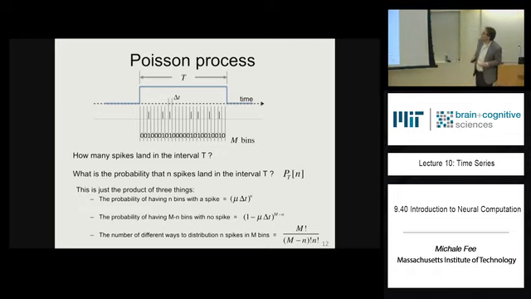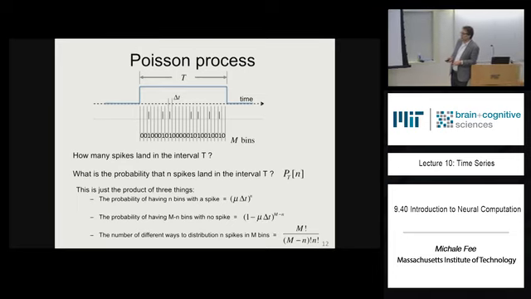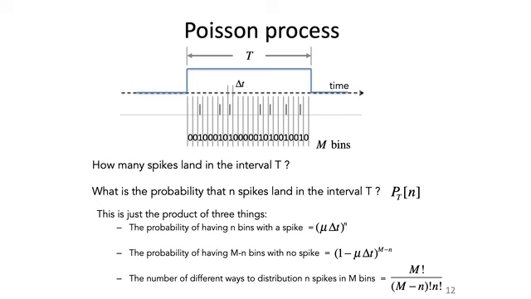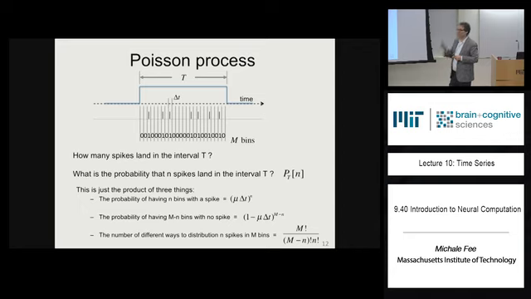In general, spikes are, let's say, a millisecond across, and we're usually thinking of these bins as approaching about a millisecond. But what we're about to do is take the limit where delta t goes to 0, and in that case, you have to think of the spikes as delta functions, okay?